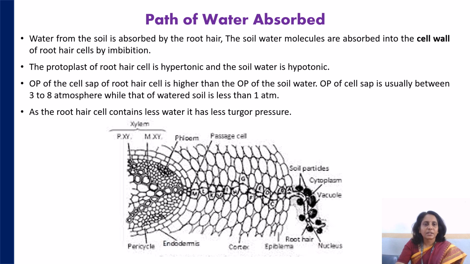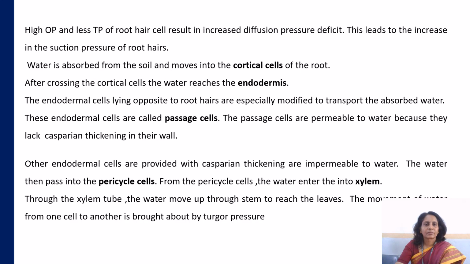As a result, the root hair contains less water and has less turgor pressure. Because of high osmotic pressure and less turgor pressure of the root hair cell, it results in an increased diffusion pressure deficit. Thus, this leads to the increase in the suction pressure of the root hairs.